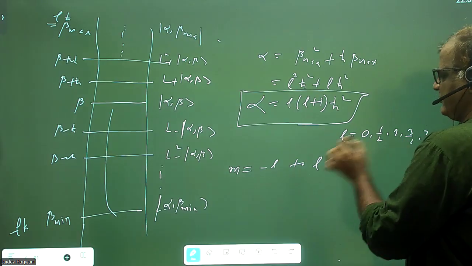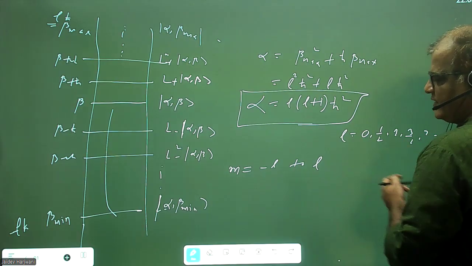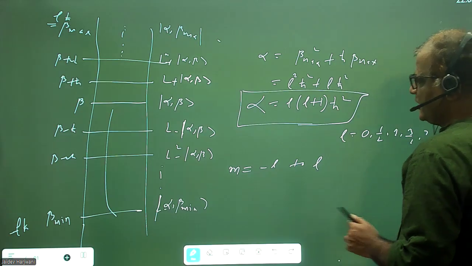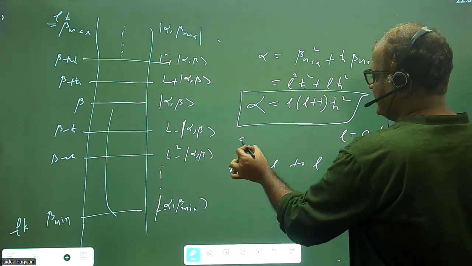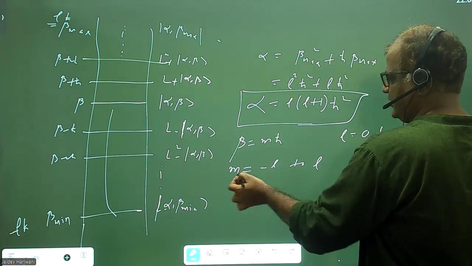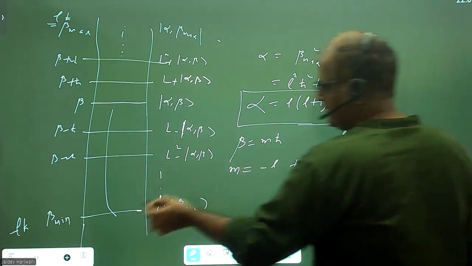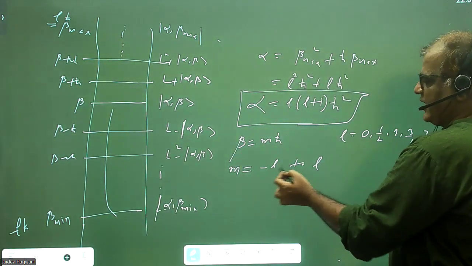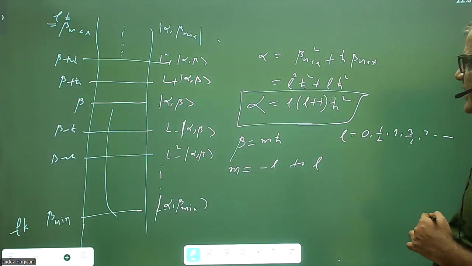If L is 1, it will be minus 1, 0, 1 in steps of h cut. So the eigenvalue beta is M h cut, where M varies from minus L to plus L.